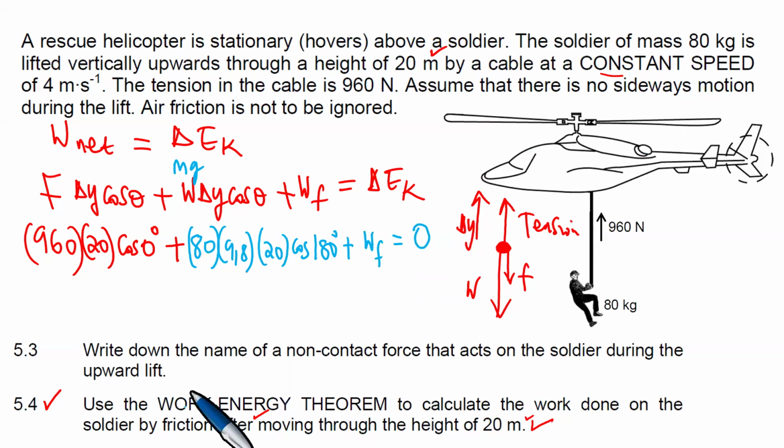When the speed is constant, the initial kinetic energy and the final kinetic energy are equal, so the change is 0. Right, so we're good. Let's continue.